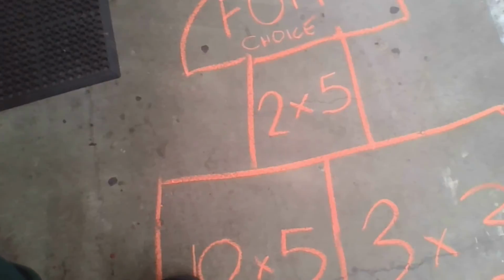They can throw it. Whatever one it lands on, they can skip to it, and then they can answer the question. You can also do this if you want to practice doing addition and subtraction. You might write some addition and subtraction questions as another opportunity to have a little bit of fun outside. At the very top, I've also added in a fun choice square, where you might like to choose a little fun activity that you could try together.